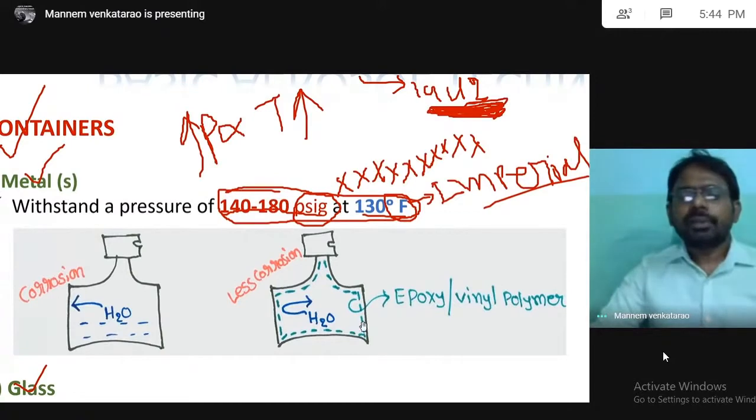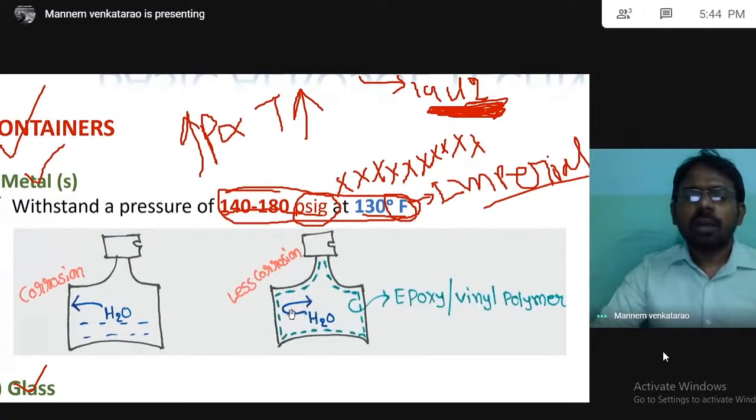That is by coating with epoxy or vinyl polymer. This epoxy or vinyl polymer is a water repellent, hydrophobic polymer. When water tries to touch the metal surface, there is a protective coat of epoxy or vinyl polymer in front of it.